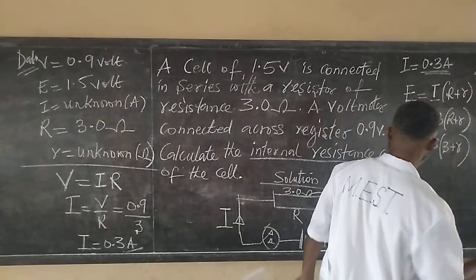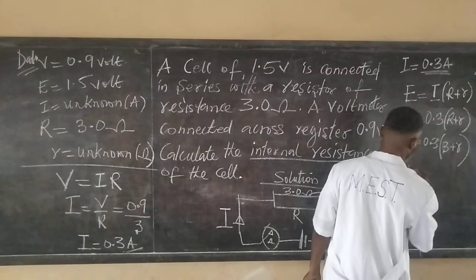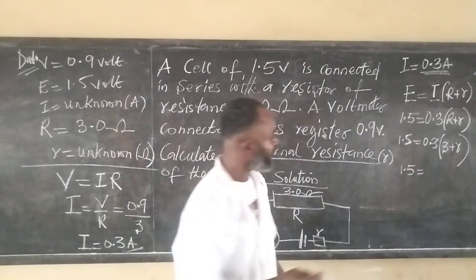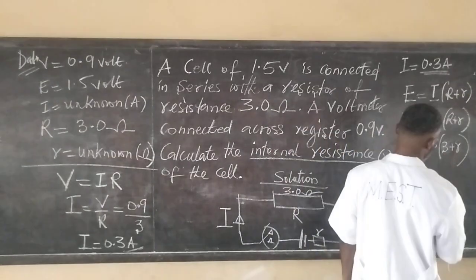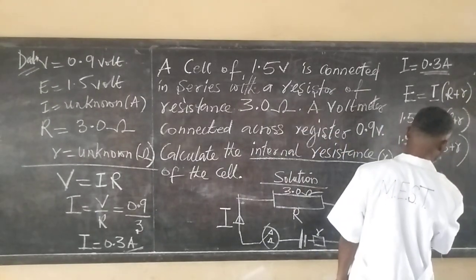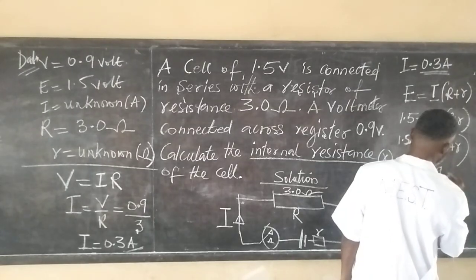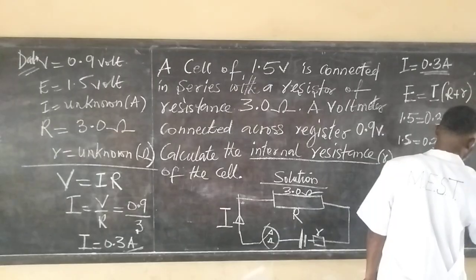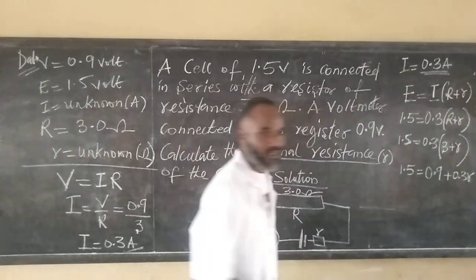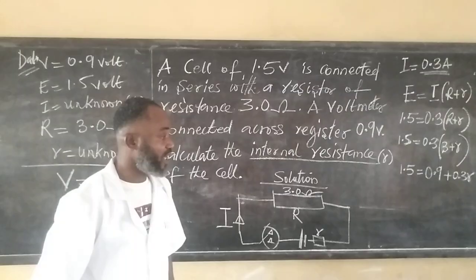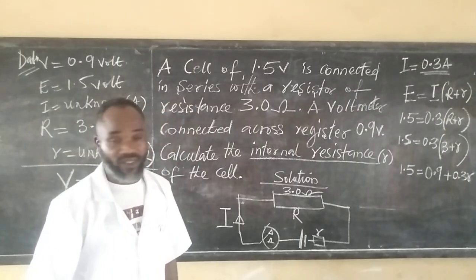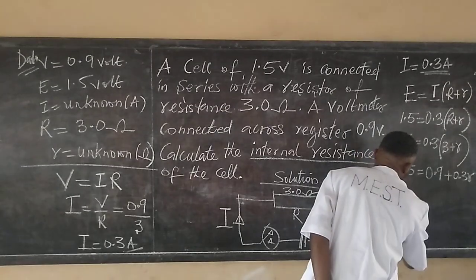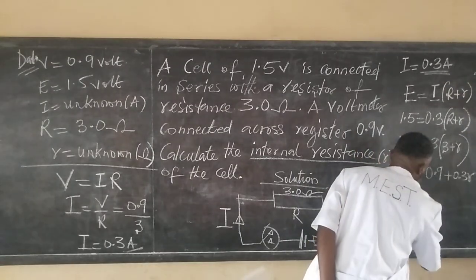So we have 1.5 is equal to 0.3 times 3, which is 0.9, and finally plus 0.3 r. So we have 1.5 is equal to 0.9 plus 0.3 r.